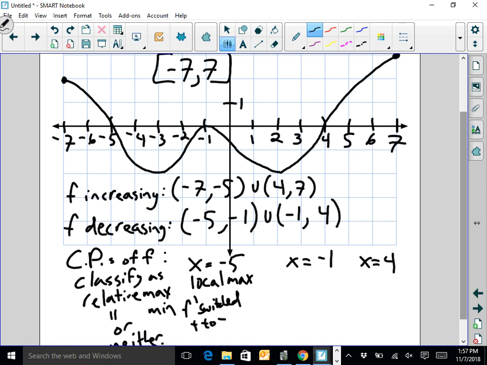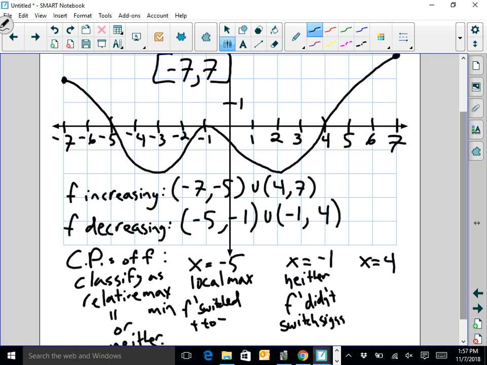How about -1? Well, this is neither a max nor a min because f prime didn't switch signs. X equals 4. F prime did switch signs. To the left of 4, f prime was negative. To the right of 4, f prime was positive.